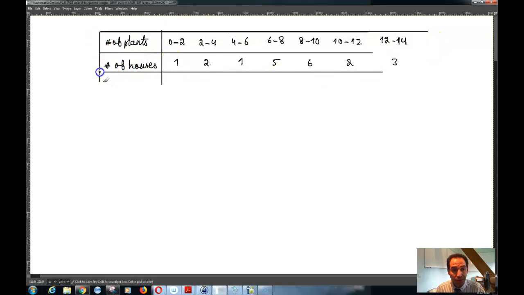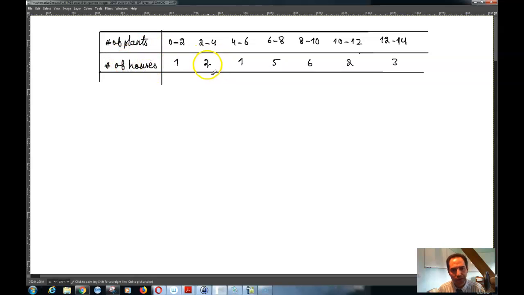Now what that means is that basically the data that they have collected has been this way. For example, the number of plants in one house has been some number between 0 and 2.